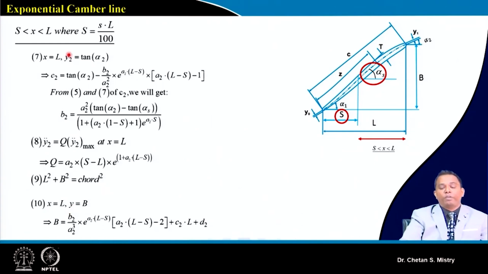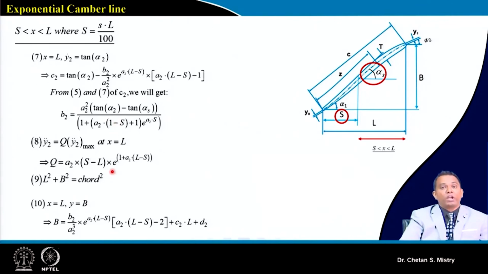Now we will put the next boundary condition at x equal to L near the trailing edge. That will give me a second value of c2. Again, if we solve these two values of constant c2, we will be able to obtain the value of constant b2.